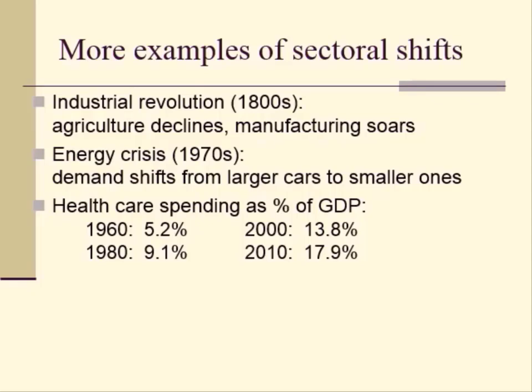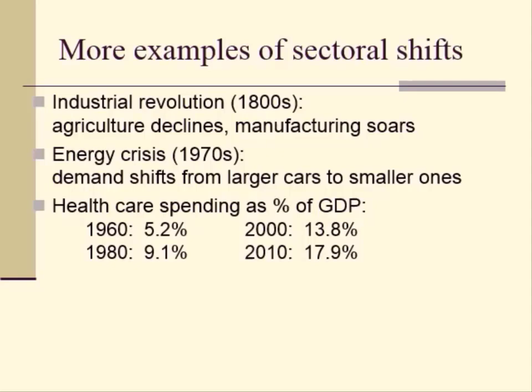And third is healthcare spending as a percent of GDP, which has been changing from 1960 to 2010. In 1960 it was 5.2%, then by 1980 it became 9.1%, and due to the aging population, you can see it keeps increasing. By 2000 it became 13.8%, and finally in 2010 it became 17.9%.